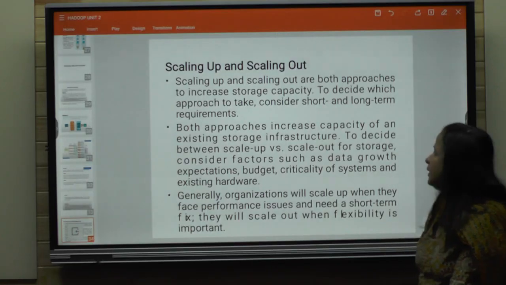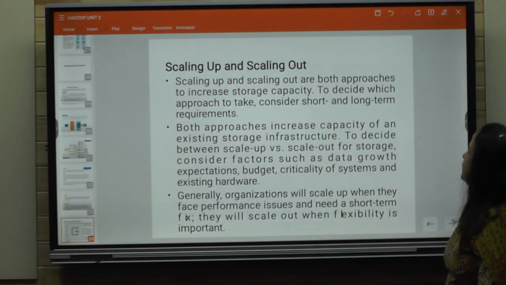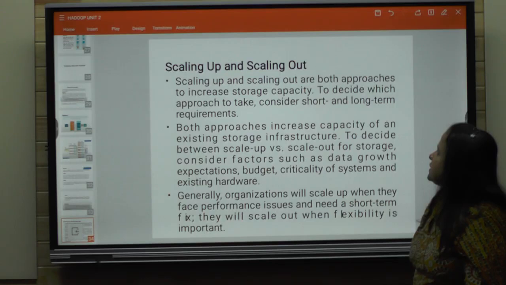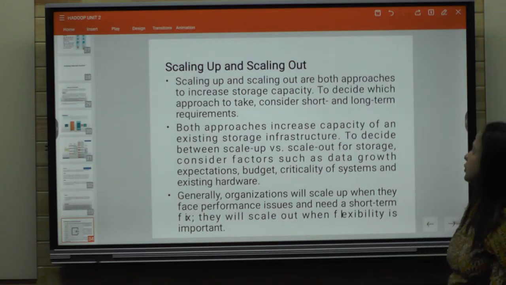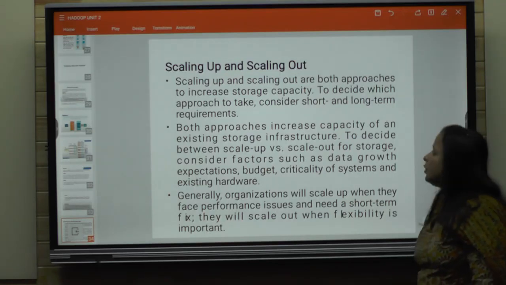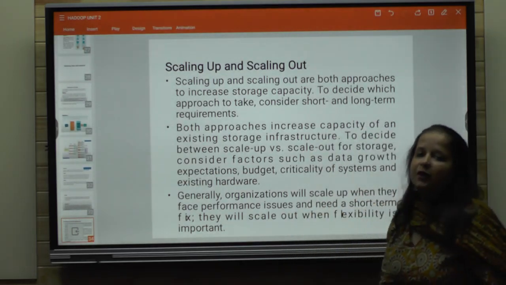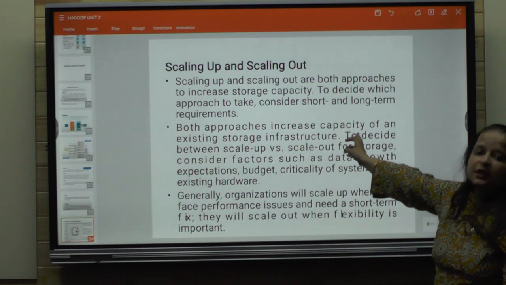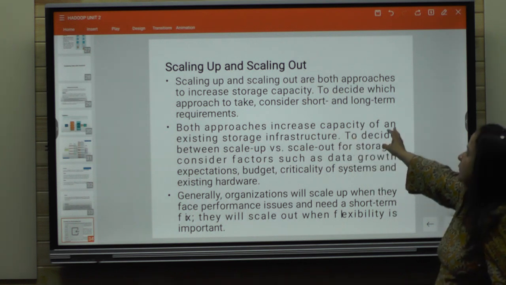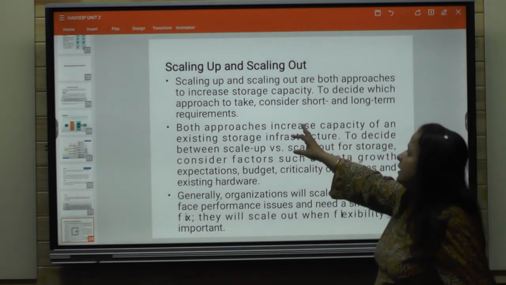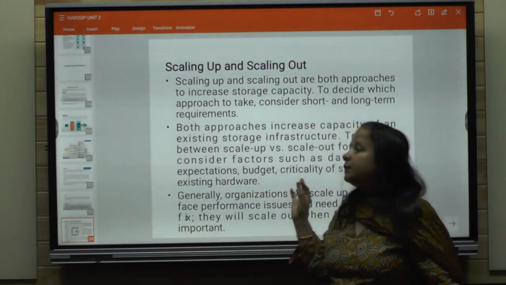What is scaling up? Scaling up and scaling out are both approaches to increase storage capacity. To decide which approach to take, consider short-term and long-term requirement. So for long-term requirement, scaling out or horizontal scaling is applicable, and for short-term requirement, scaling up or vertical scaling is applicable.